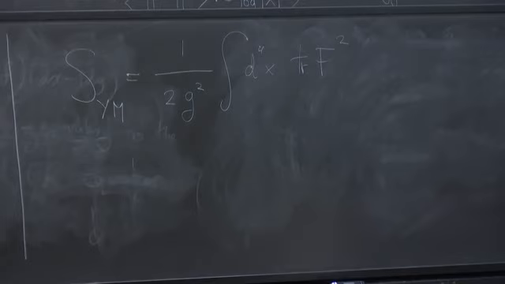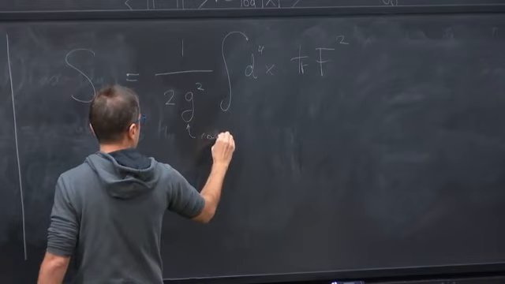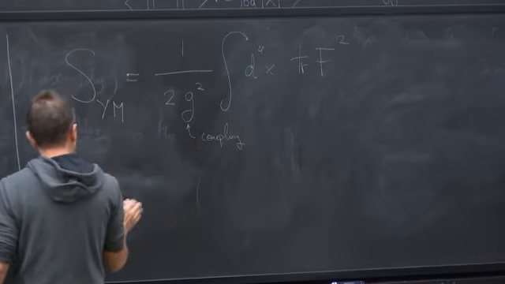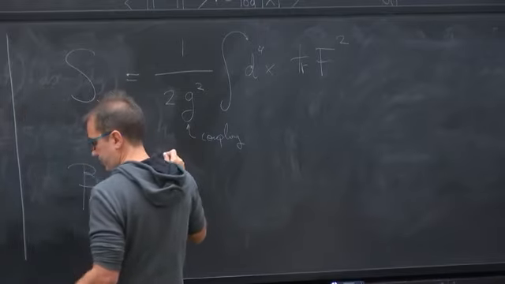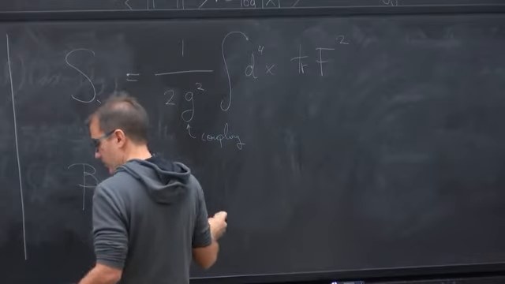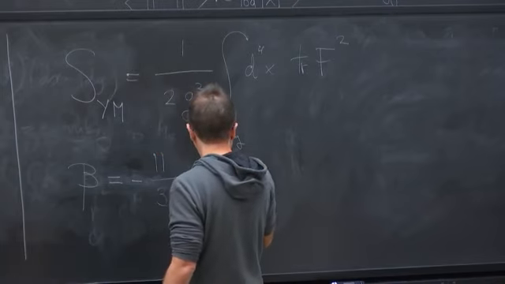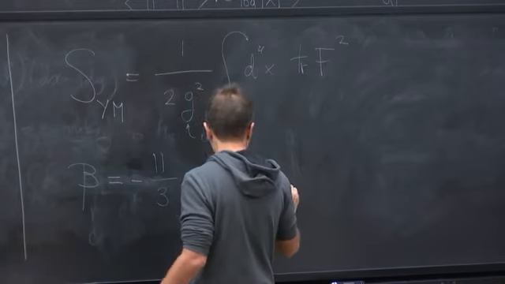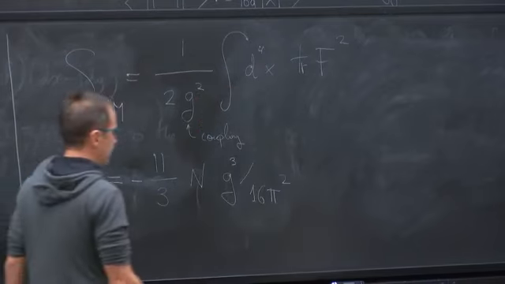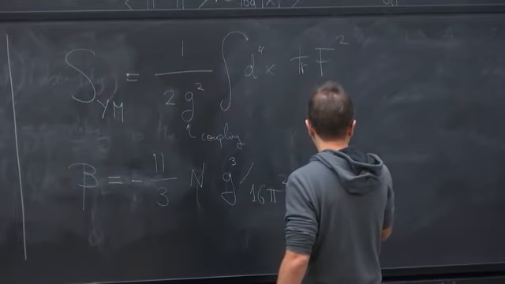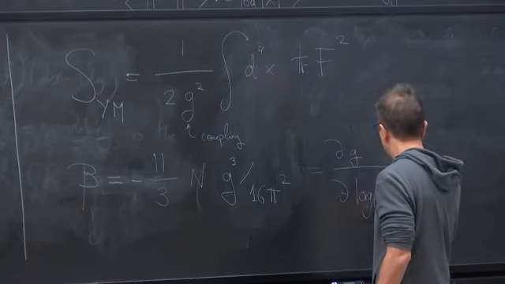We could write the fast modes, the slow modes, etc., and compute this coupling. And if we were to compute the beta function for this coupling, we would get the famous minus 11 over 3 times N times this coupling cubed divided by 16 pi squared, where this beta function is the derivative of the coupling with respect to the logarithm of lambda.